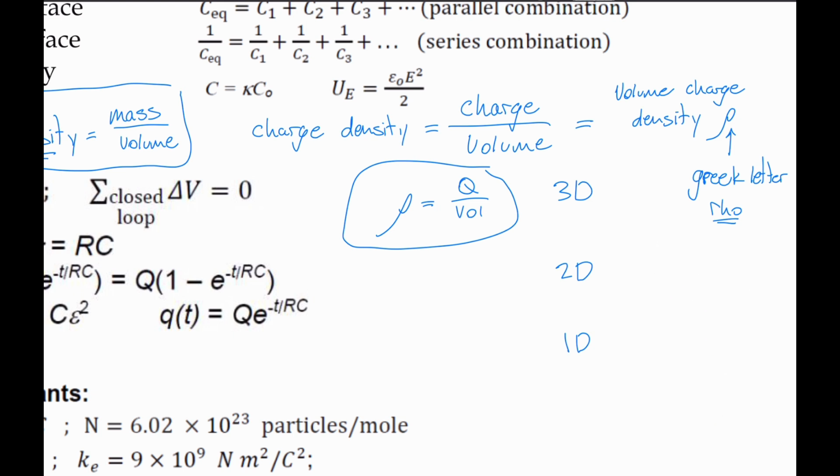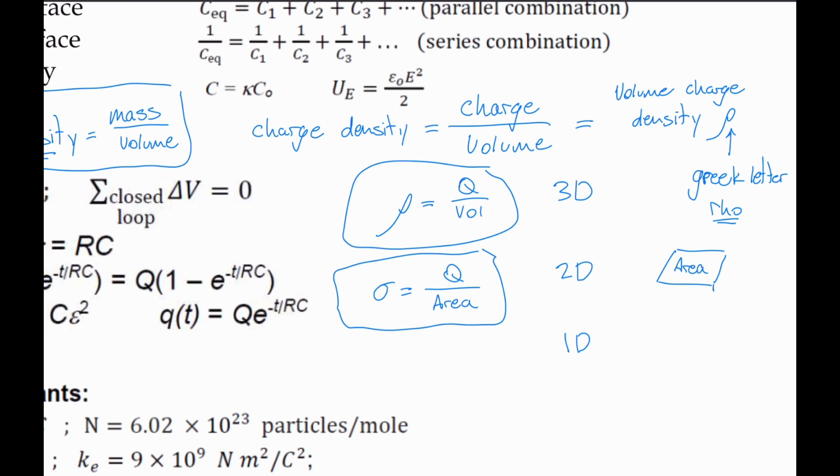So in physics, we like to break apart the problem into 2D and 1D cases. And in that scenario, we have new letters to define charge density. So this is surface charge density. Again, it's charge divided by area, because two-dimensional objects have only area, no volume. You can think about a sheet of paper. A sheet of paper just has area.